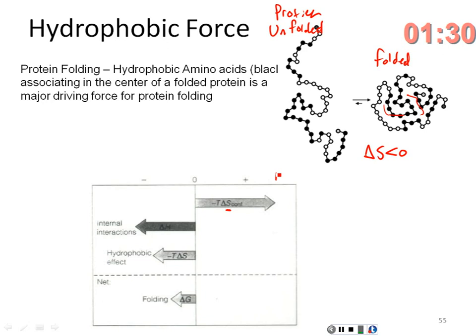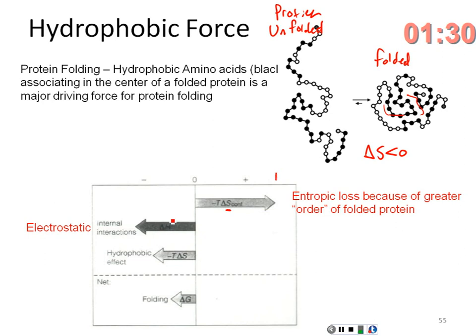And as far as spontaneity goes, that's not a good thing. Now if we look at the internal interactions, so we have an entropic loss because of greater order. If we look at the internal interactions that are going on when the protein folds, primarily due to electrostatic interactions, charged amino acid groups that are close to one another can have electrostatic ion-ion interactions. So this makes bond formation, if you want to think about ionic bond formation, which is an exothermic process.